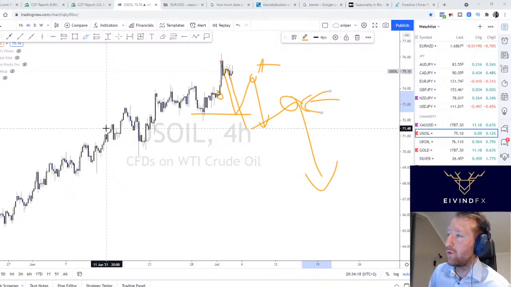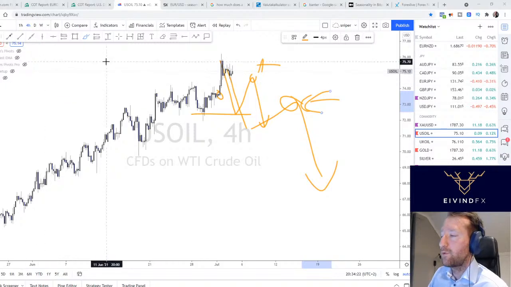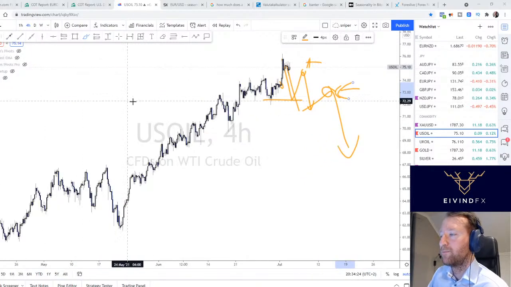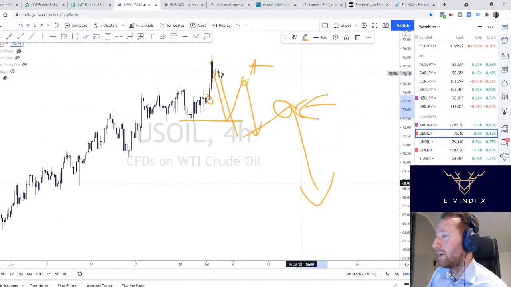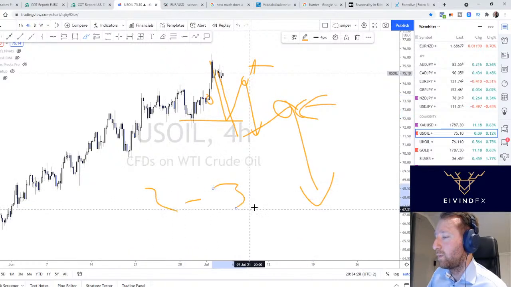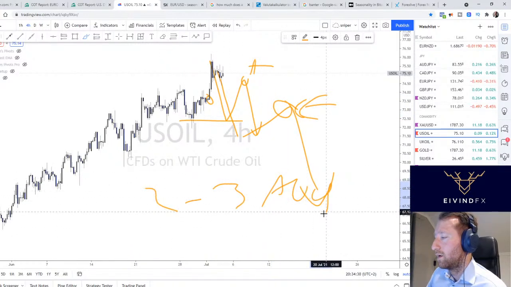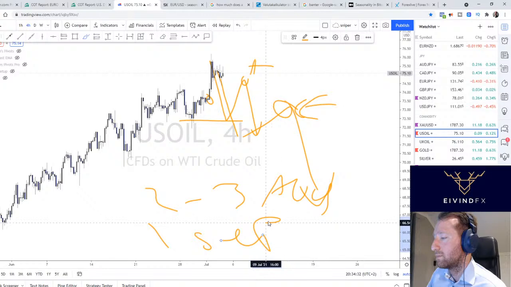For oil, for example, I think we're going to fall the first day, the 1st of August, and then pick it up either in the 2nd or 3rd week of August, or the 1st of September.